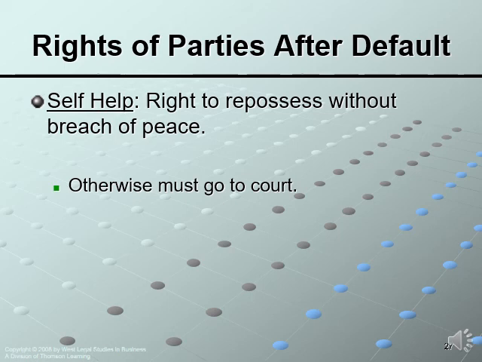You can do it on your own as long as it does not cause a breach of peace. If it causes a breach of peace, you have to go to court and you cannot use self-help measures. But as long as there's no breach of peace, you can use self-help to repossess as a creditor.